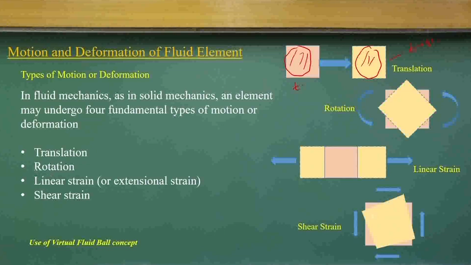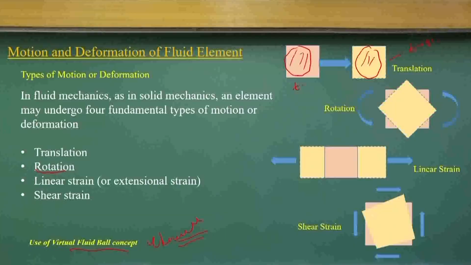And the virtual fluid ball, or the fluid element, can go for rotation. That means there is no translational motion, it just rotates, either clockwise or anti-clockwise. So we can compute the angular velocity if it is going through a clockwise or anti-clockwise rotation. All these rotations depend upon the velocity fields.